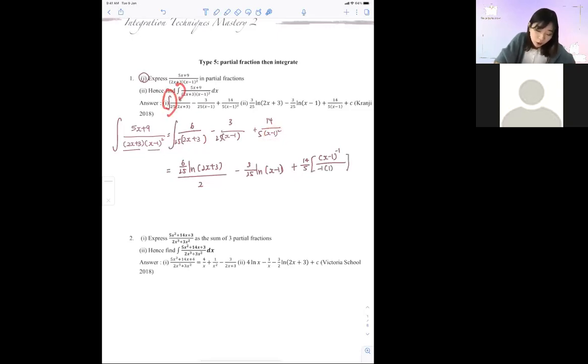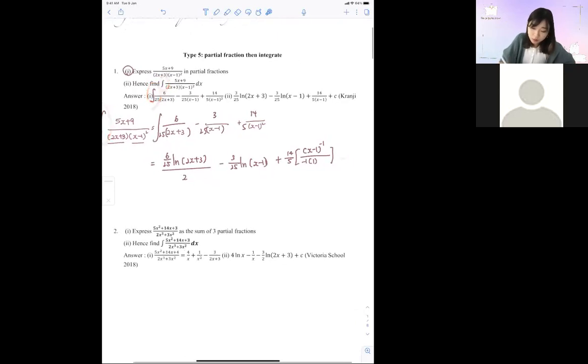When there is no number on the integral sign, what must I do after I integrate? Yes, plus C. Awesome. Okay, now we got it. 3 over 25 ln 2x plus 3 minus 3 over 25 ln x minus 1, and now it becomes minus 14 over 5 x minus 1.